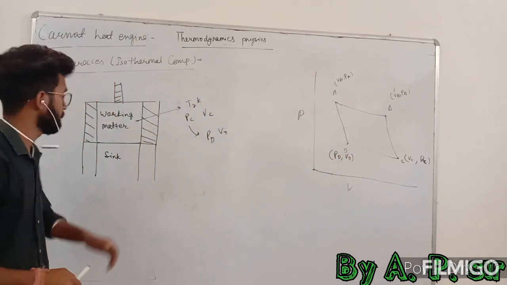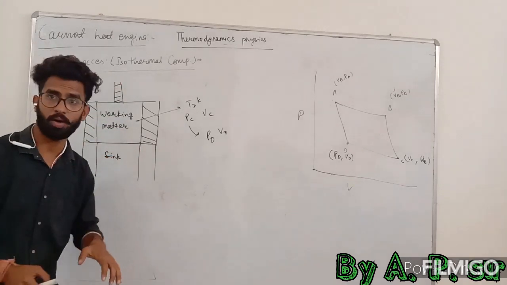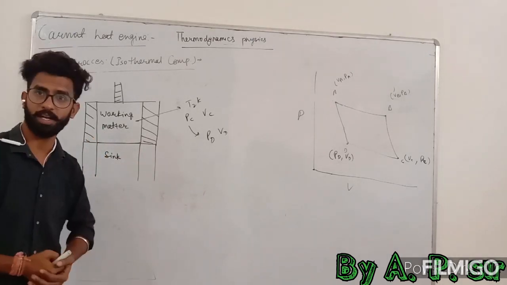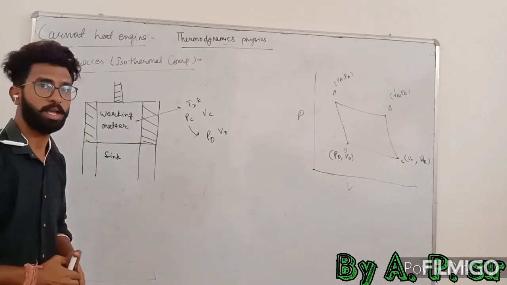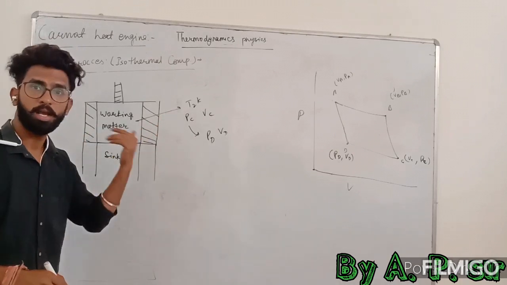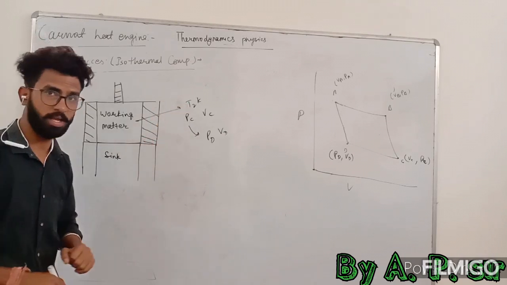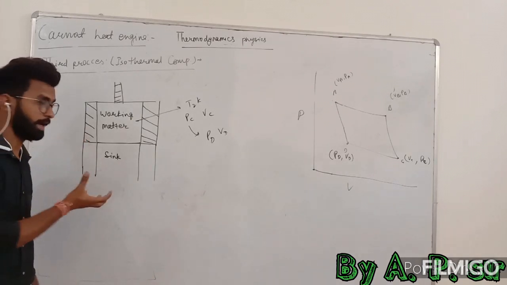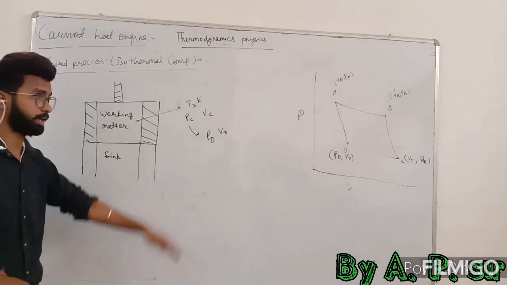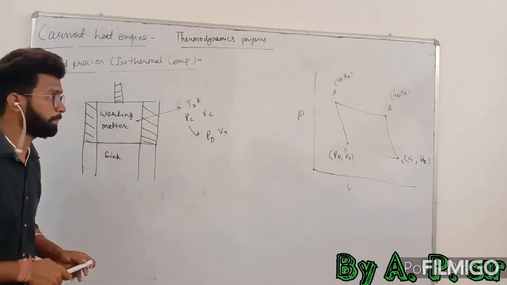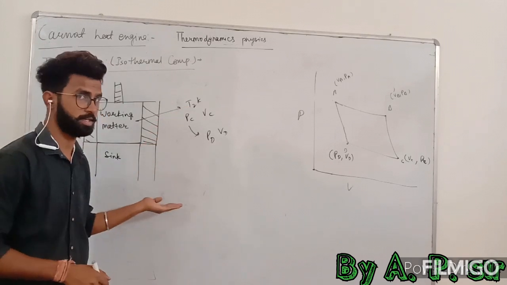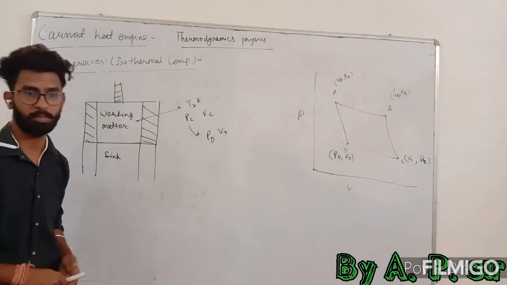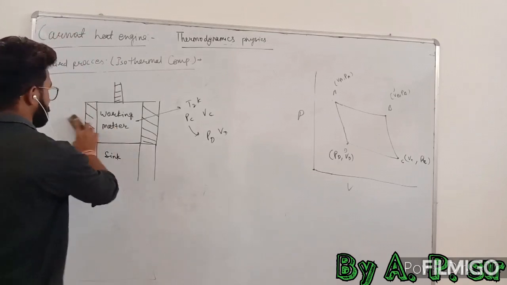When we increase pressure on the working material, its internal energy increases and the temperature would increase, but since it is on the sink, the sink absorbs the extra heat and the temperature stays constant. This is called isothermal compression, and we do the mathematical analysis for this.